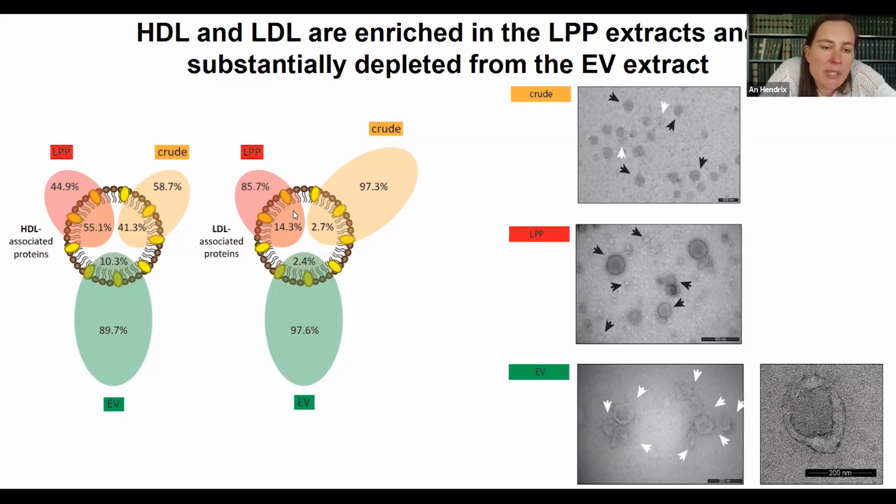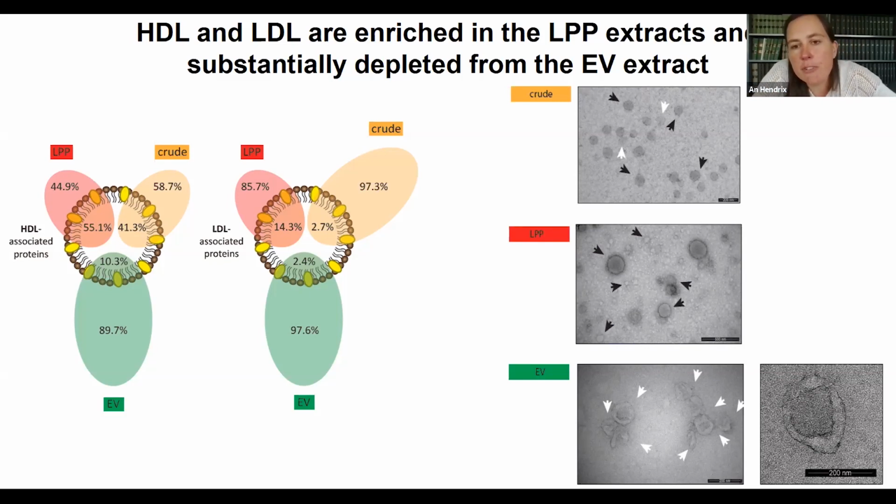So in the LPP extract, we see an enrichment for those lipoprotein particles compared to the crude extract. And furthermore, we observe that these proteins are significantly depleted in the extracellular vesicle extracts.